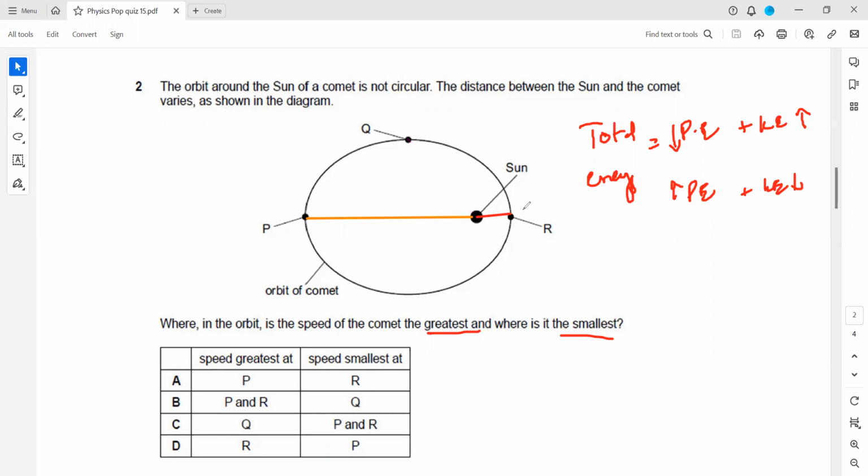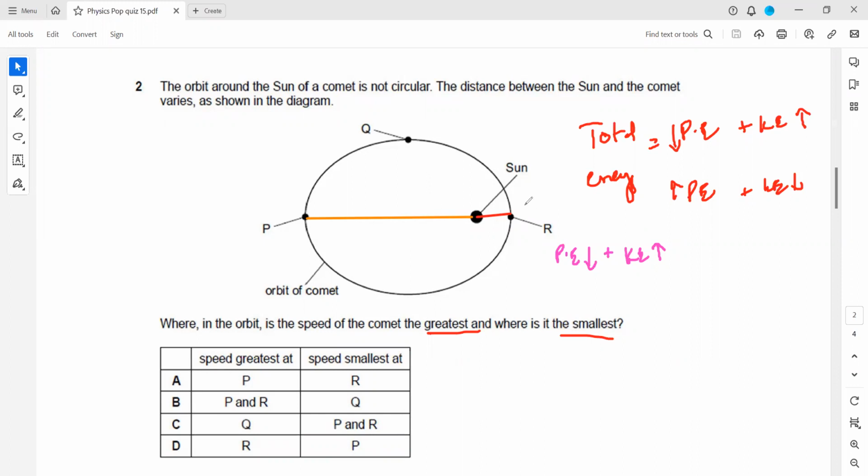So at this point, because it is closer to the Sun, and the total energy is conserved, the potential energy is minimum. Potential energy depends on the distance between the two objects, like mgh, or gravitational potential energy. So the total energy is conserved. If the potential is lower, the kinetic energy will be maximum.